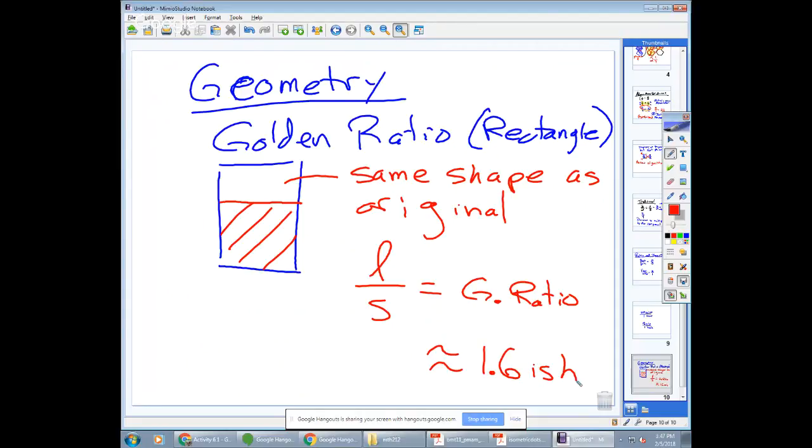It's been found in architecture dating back thousands of years, so people have had an artistic view of this idea for a long time, which is kind of neat. And it pops up in other bizarre places too. The golden ratio pops up in the way sunflower seeds are distributed in a sunflower. It has something to do with beehives, but I can't remember what. There are a whole bunch of other places where it pops up in nature. So it's kind of a cool number.